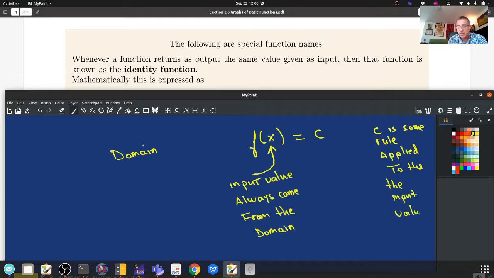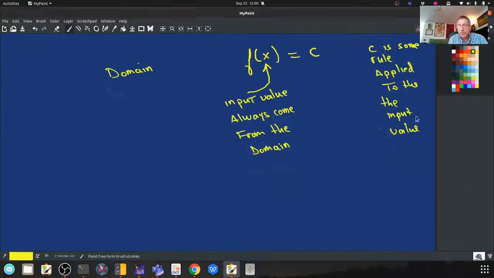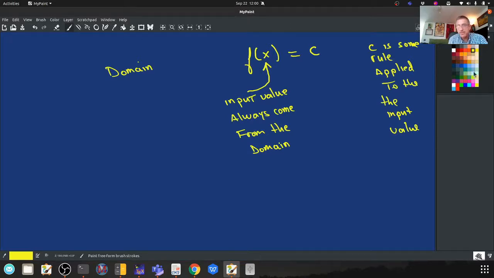And it's important to know for this, for C, C belongs to the range of f.